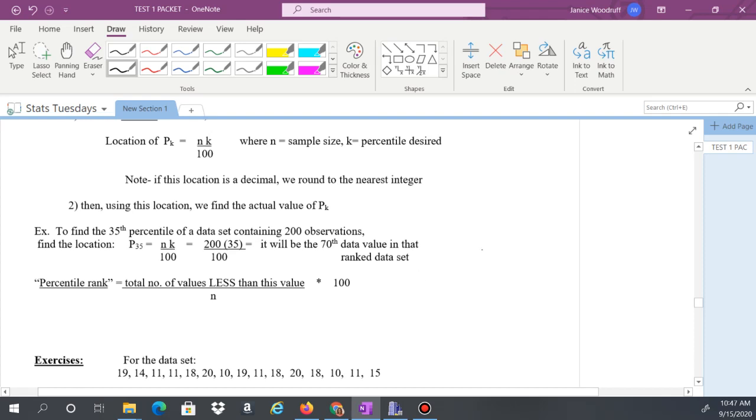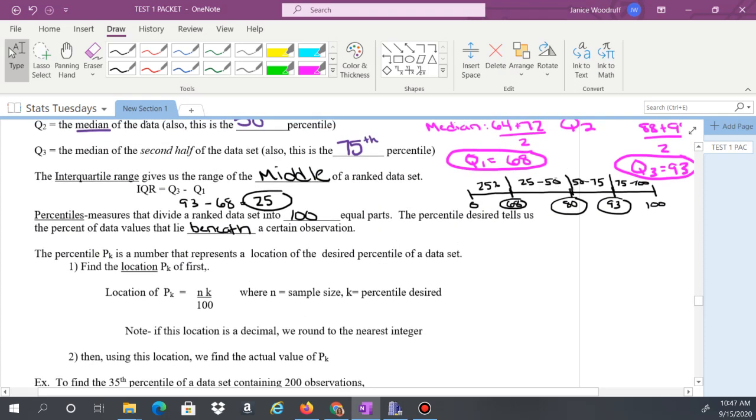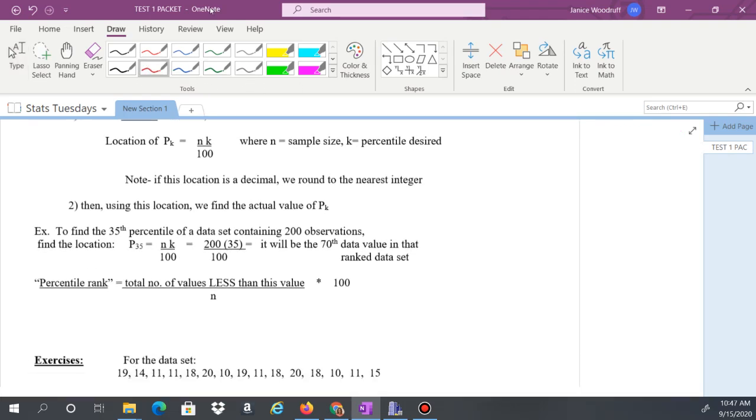So for example, let's say you wanted to find the location in this data set of the 90th percentile, and we'll say there's 100 observations. So what would you need to get on the test in order to score in the 90th percentile? 100 observations, that would be your n.